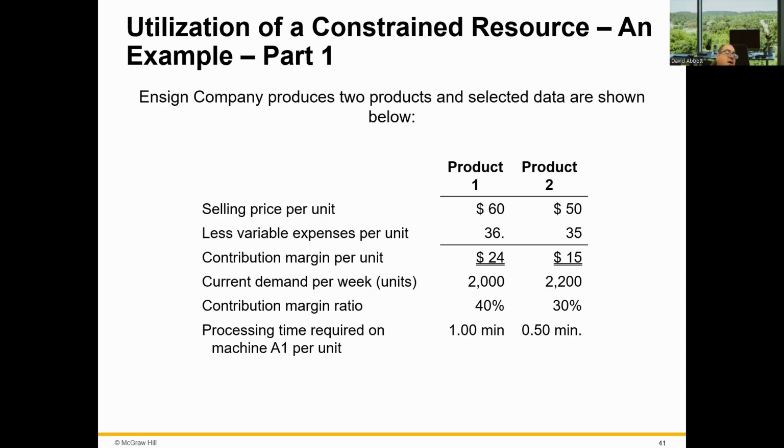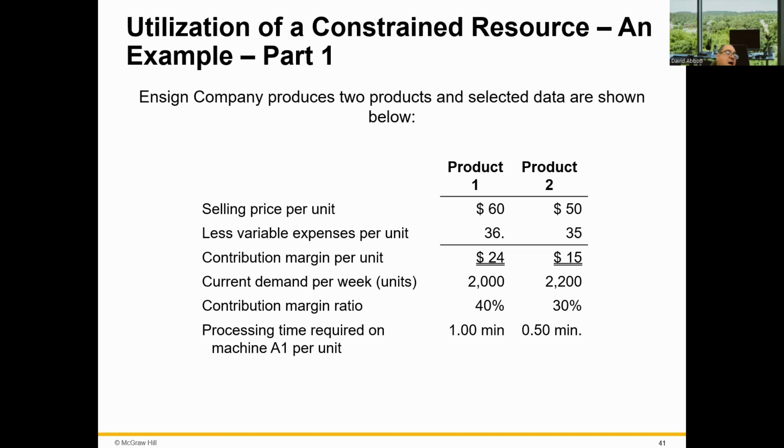And so again, looking at this utilization of a constrained resource. Assume the Ensign company produces two products and the selected data are shown here. Machine A1 is the constrained resource; there is excess capacity on all the other machines.